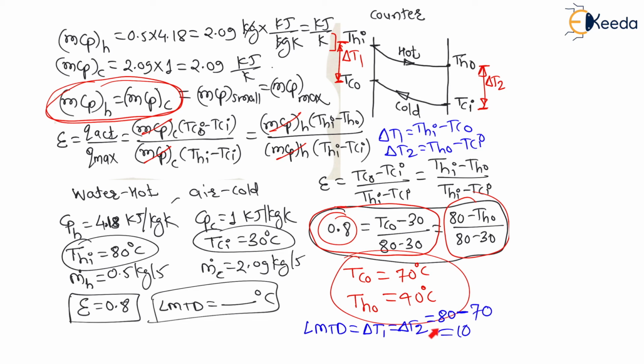Therefore, for this question, LMTD is 40 minus 30 or 80 minus 70, which is nothing but 10 degrees Celsius. If you go back to the question and look at the options, you will find option C is the correct choice.